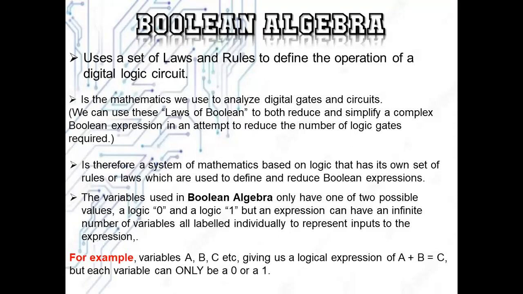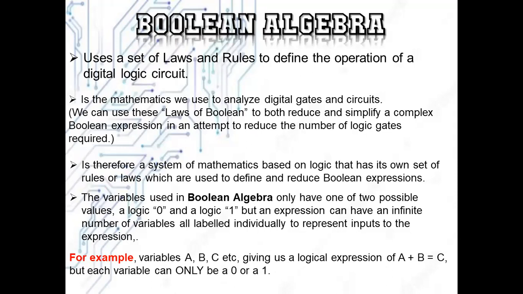The variables used in Boolean algebra only have one of two possible values: a logic 0 and a logic 1. But an expression can have an infinite number of variables, all labeled individually to represent inputs to the expression.